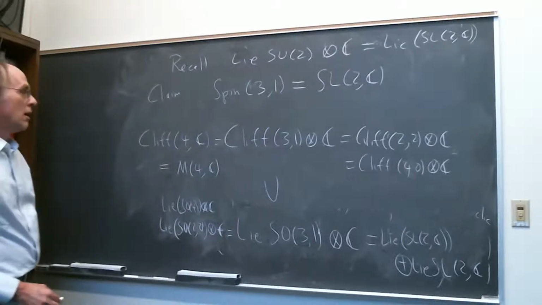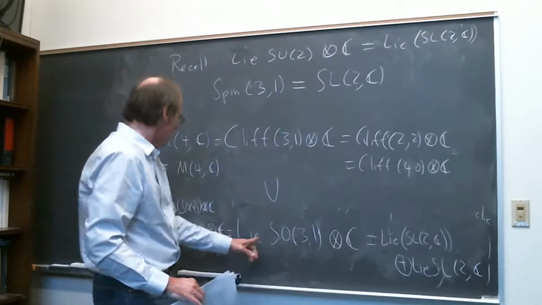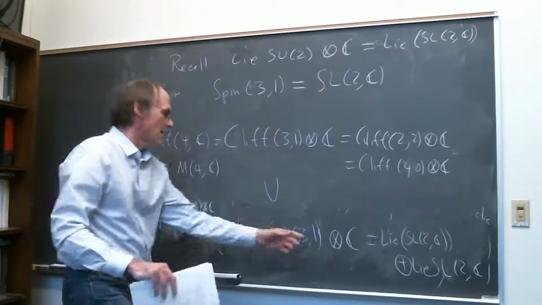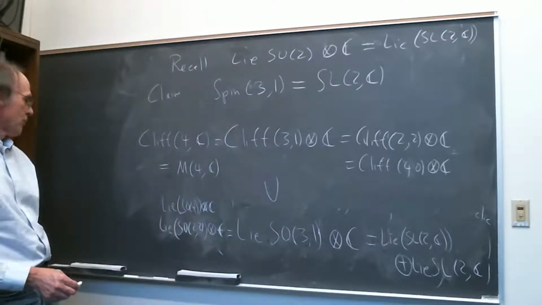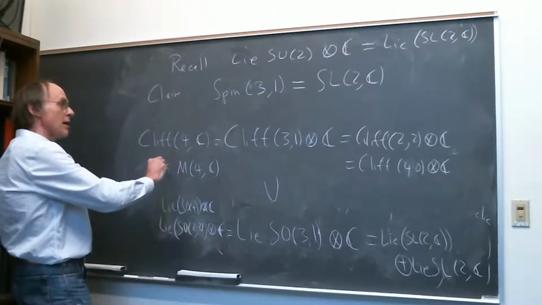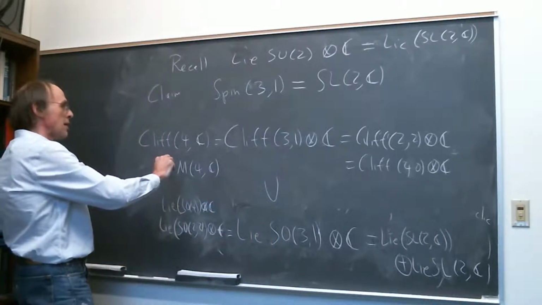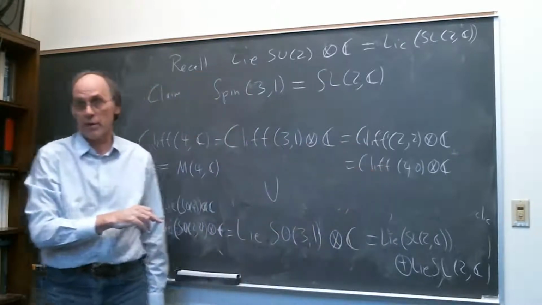Once you've thrown in the complex numbers, you've lost track of the difference between these three Lie algebras and these three Clifford algebras. These three Clifford algebras are actually all different.